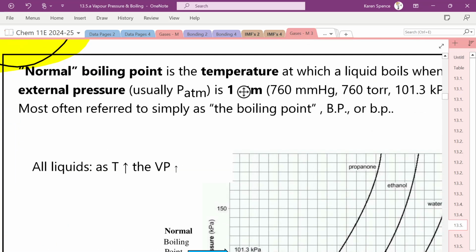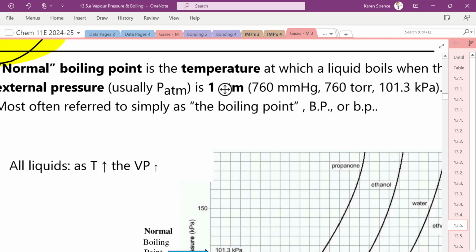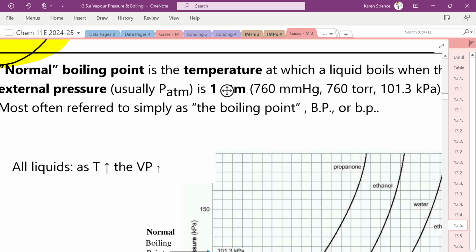So now normal boiling point, the temperature at which a liquid boils, is when the external pressure is 1 atmosphere. Okay, so the normal boiling point of water is 100 degrees Celsius, right?